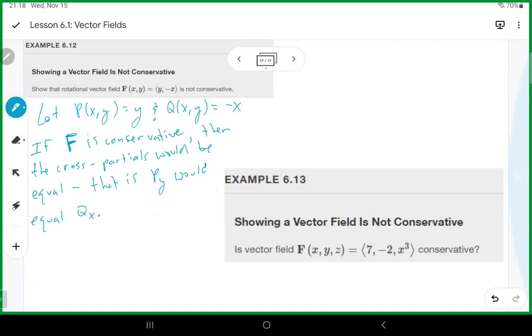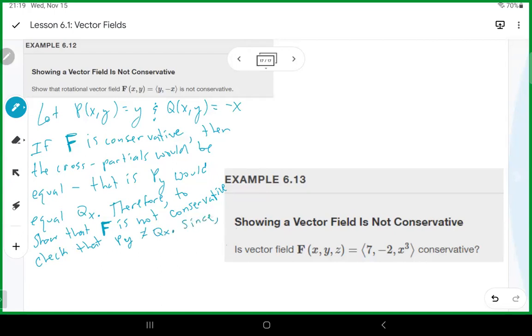Therefore, to show that F is not conservative, check that P sub y is not equal to Q sub x.